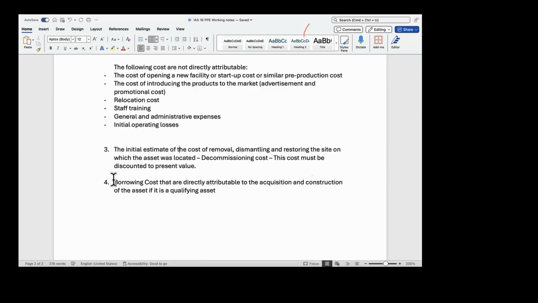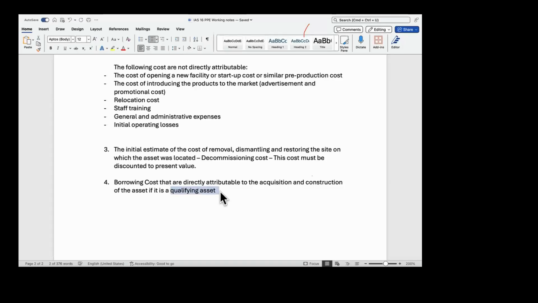Now, finally, is borrowing costs that are directly attributable to the acquisition and construction of the asset. Of course, if the asset is a qualifying asset, that's when this one will be applicable. Borrowing cost is like interest to pay on borrowing, right? A qualifying asset is an asset that you have to construct yourself.